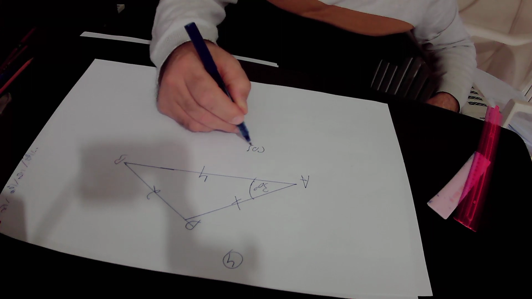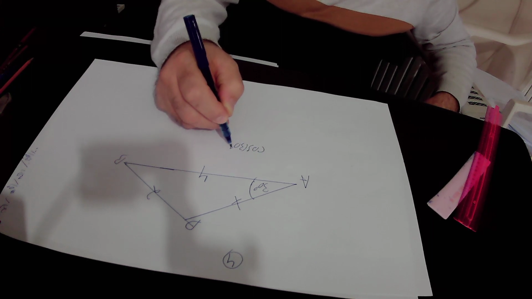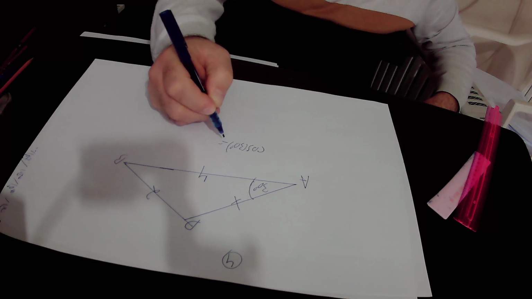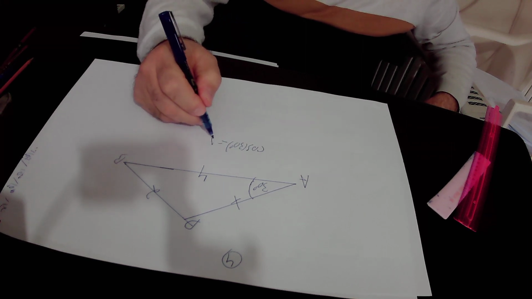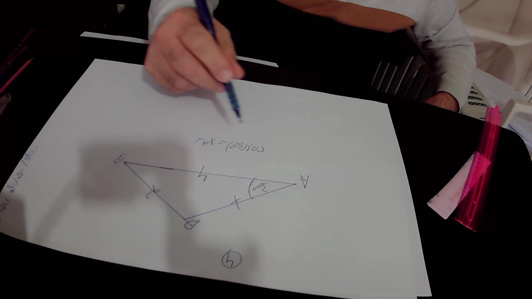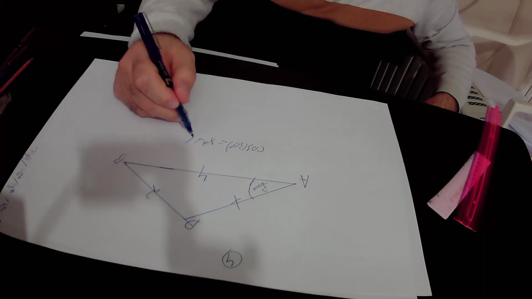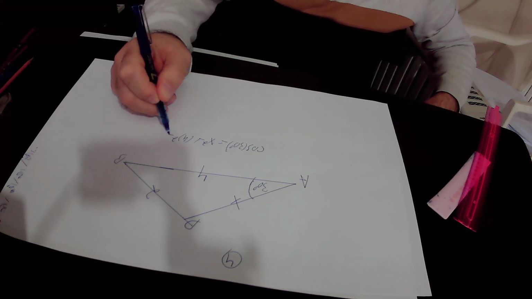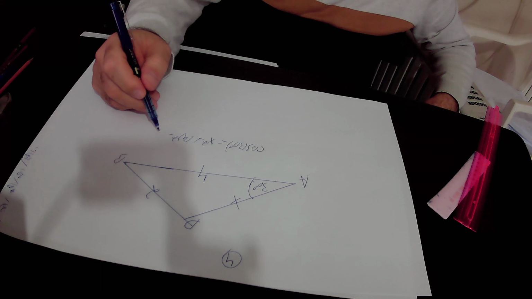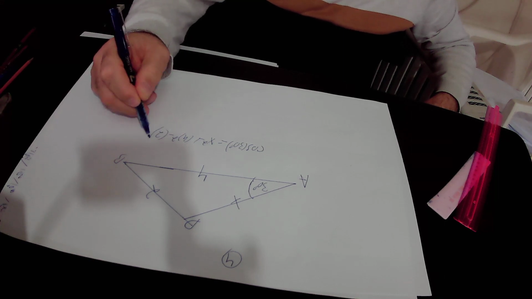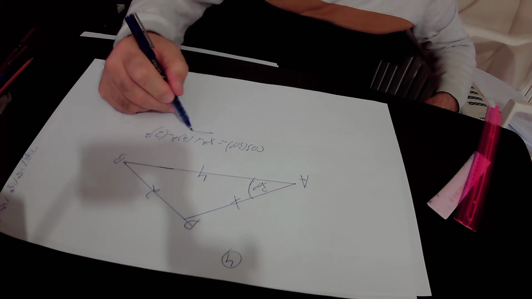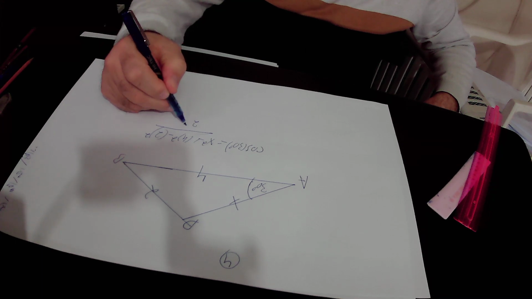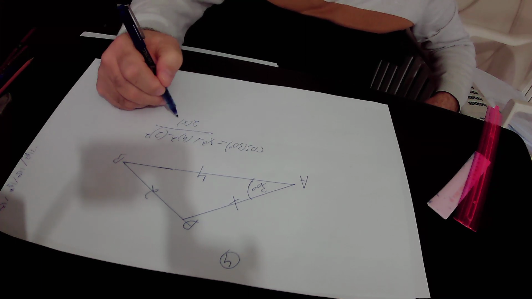cosine 30 degrees equals x squared plus 4 squared minus 2 squared over 2 times x times 4.